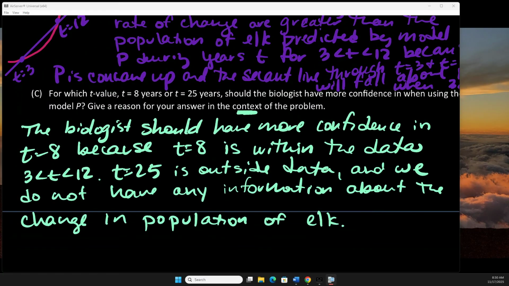So there could have been like a severe drought. There could have been some disease that goes through the elk, and we just don't have information there. So any data points that fall in between our range of data, you can have more confidence in than anything that falls outside of it.